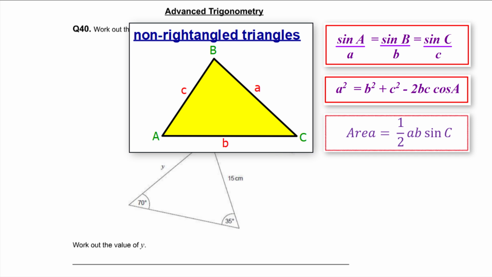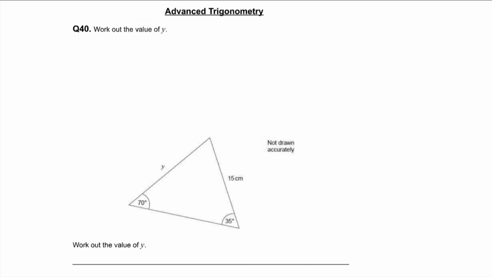So 2 is not good enough. You need to know a 3rd thing to be able to use these rules. So you need to know 3 things to find a 4th thing. And you can see that in this question here, they've given us 3 things, 1, 2, 3, and we're using it to find a 4th thing. So 3 things to find a 4th thing in non-right angle triangles, 2 things to find the 3rd thing in a right angle triangle.